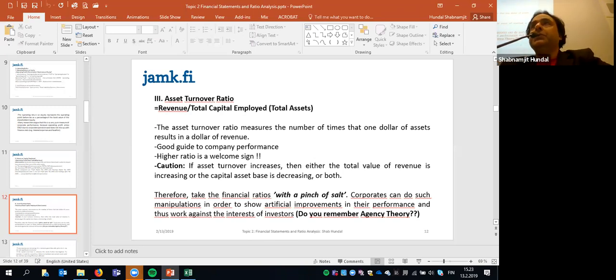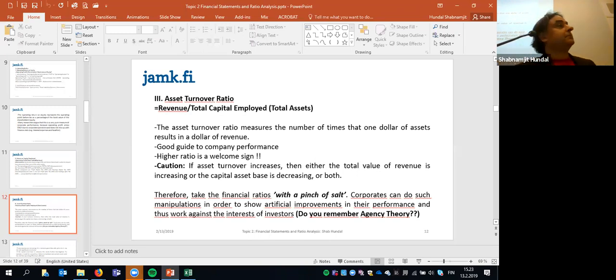But if I want to do some data manipulation and at the same time show better performance to the investors, then when the revenue is going down, I can decrease the total capital employed.